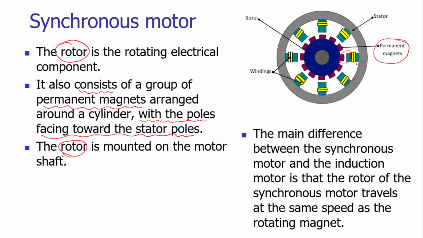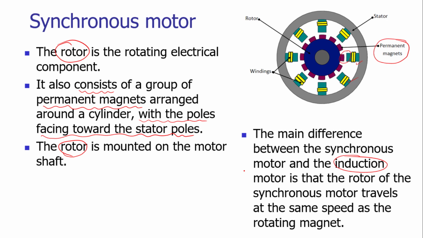Well, the fundamental difference of the synchronous motor, and there is another important variation of the AC motor, the induction motor. In the synchronous motor, the rotor is traveling at the same speed as the rotating magnetic field.